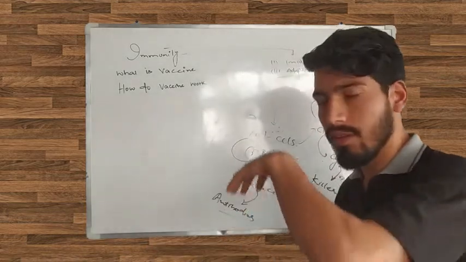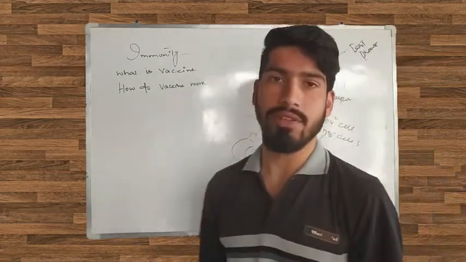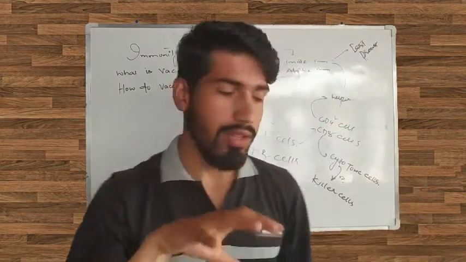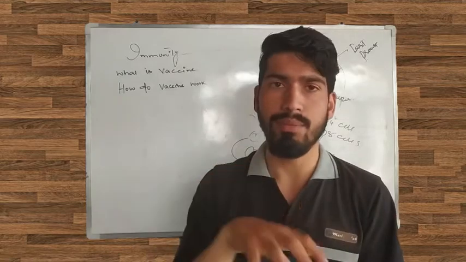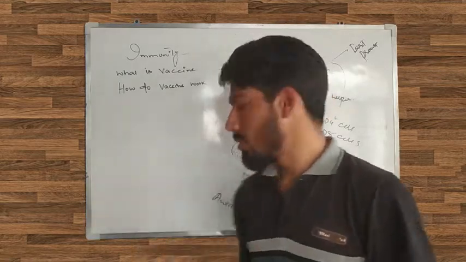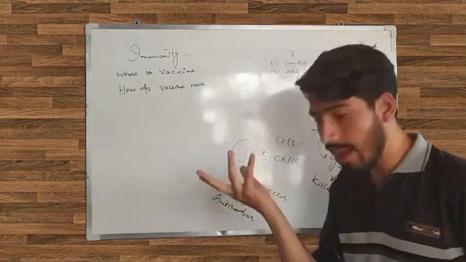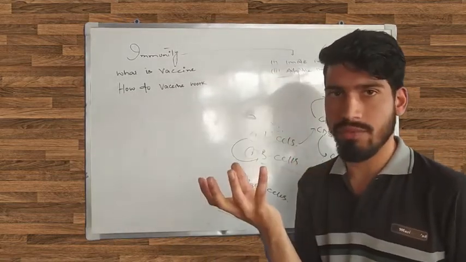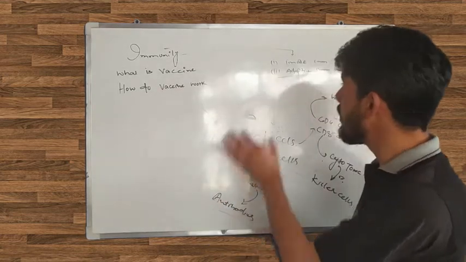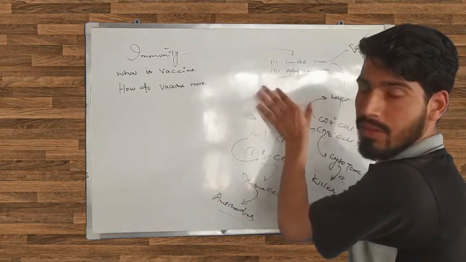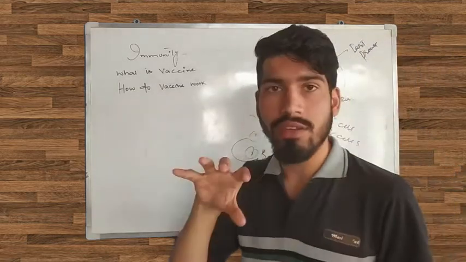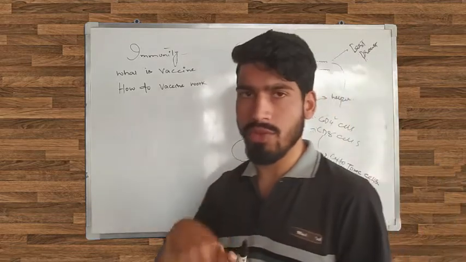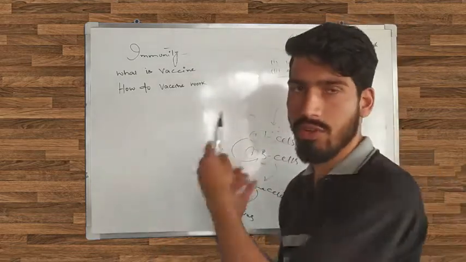The antibodies go and break or destroy them, so it doesn't waste that time. So in adaptive immunity, it remembers the pathogen. The next time the pathogen enters, they kill it directly. The antibodies are already present.